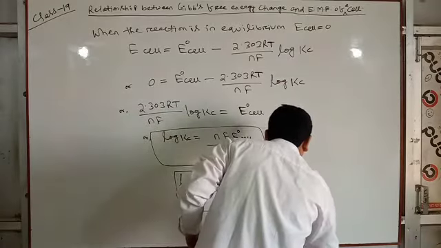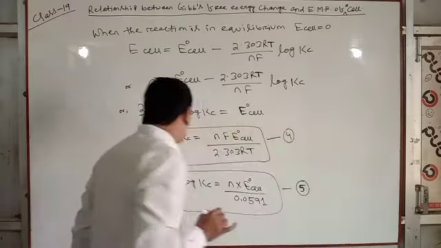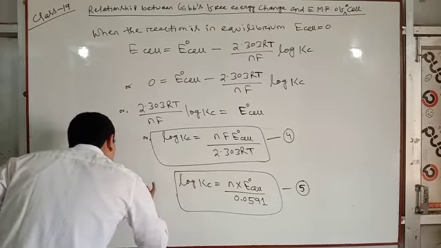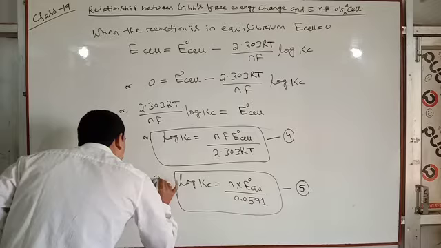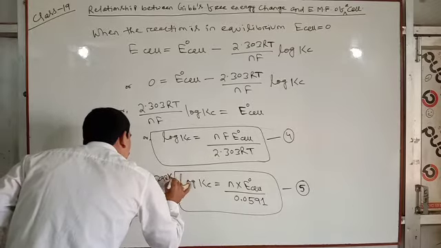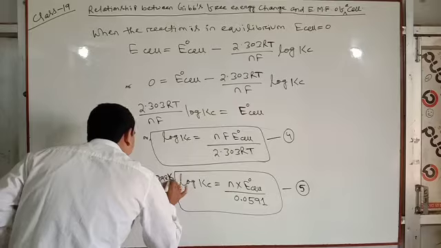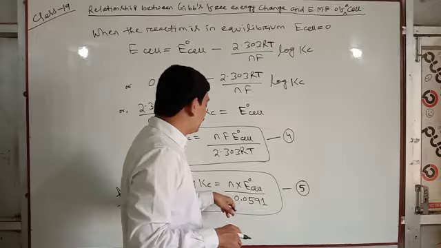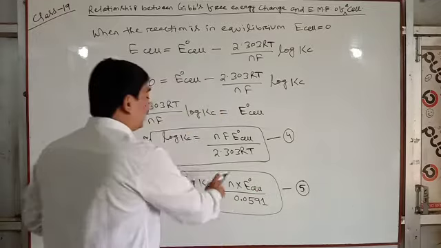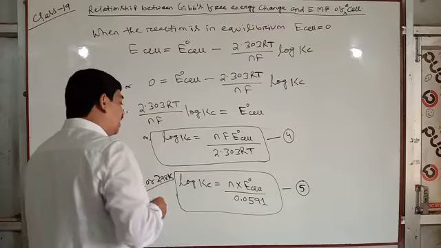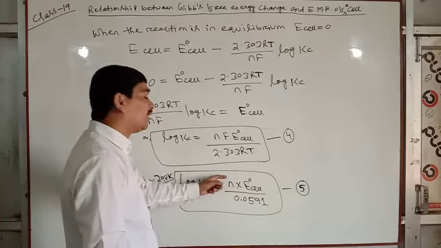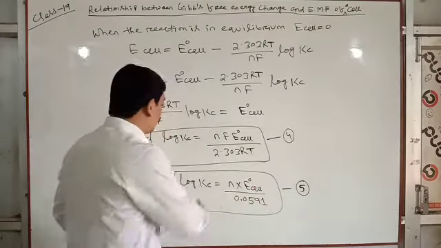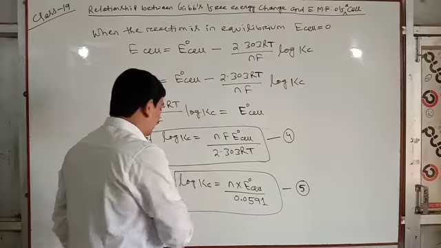The condition we use at 25 degrees centigrade, or 298 Kelvin, is log Kc equals n into E naught cell divided by 0.0591. Here n is the number of electrons transferred from anode half cell to cathode half cell, and E naught cell is the standard EMF. This is a constant, so you can calculate log Kc.